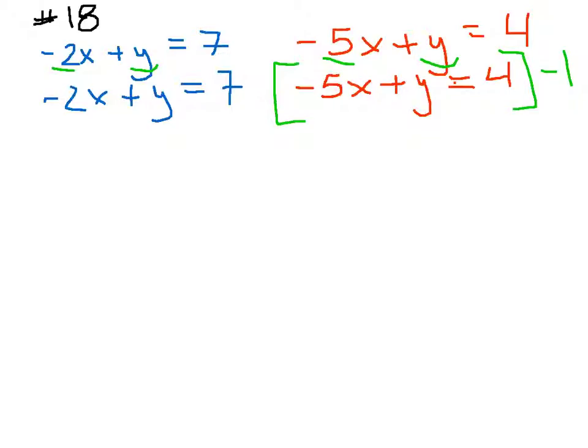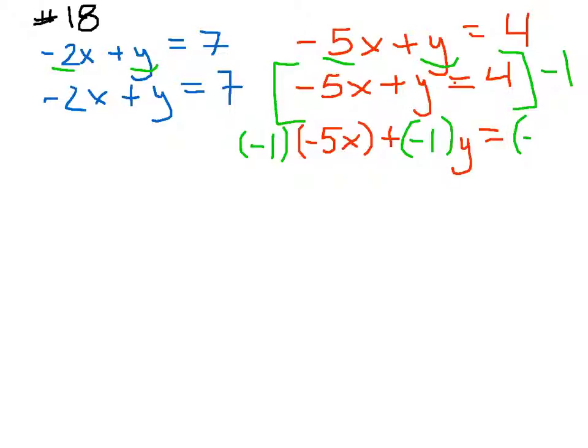So that gives me negative 1 times my negative 5x plus negative 1 times y is equal to negative 1 times 4.